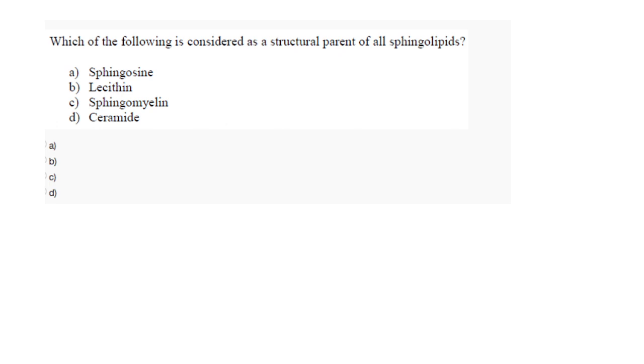Which of the following is considered the structural parent of the sphingolipids? Sphingosine, lecithin, sphingomyelin, or ceramide. In this case, option D is correct. Ceramide is the parent of these.